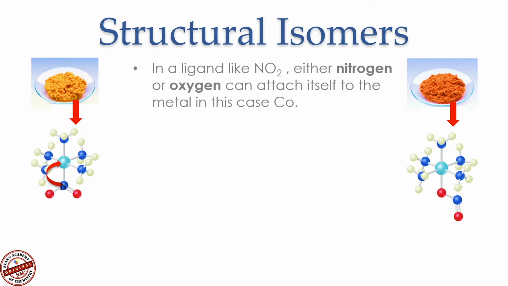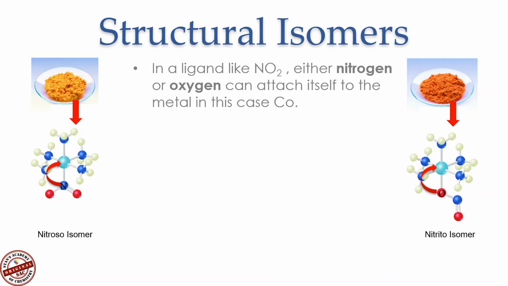So the difference that we notice here is one of the ligands is NO2. In the complex on the left, the nitrogen is attached to the cobalt atom. And on the right, the oxygen of NO2 is attached to the cobalt atom. That makes all the difference in terms of the color of the complex that we have here.